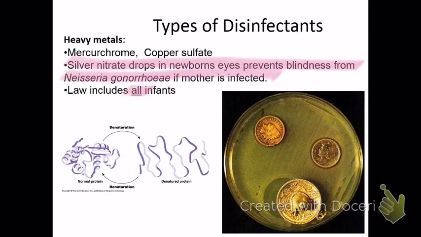But you want to know that silver nitrate drops were put in to prevent blindness from gonorrhea, but the law is not just if the mom has gonorrhea. The law is for all babies, not just infected moms.